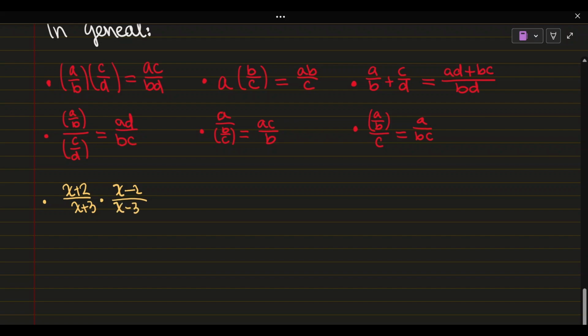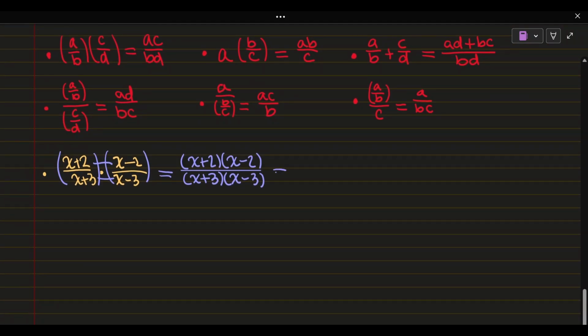Why not? So this is just a multiplication of fractions. Even though it has variables, it's still a multiplication of fractions. And I just go across. So I have x plus 2 times x minus 2 over x plus 3 times x minus 3.